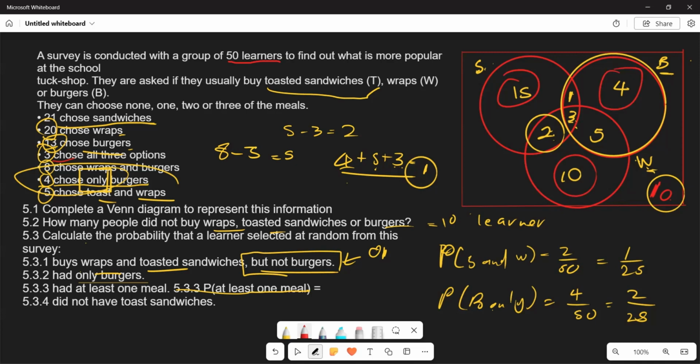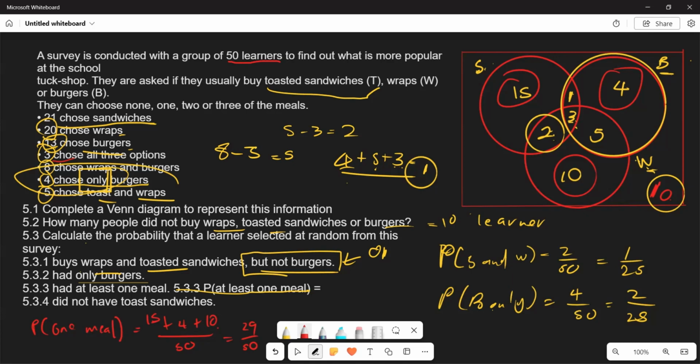So the probability of 1 meal will be 15 plus 4 plus 10 divided by 50. This is going to be 29 out of 50.